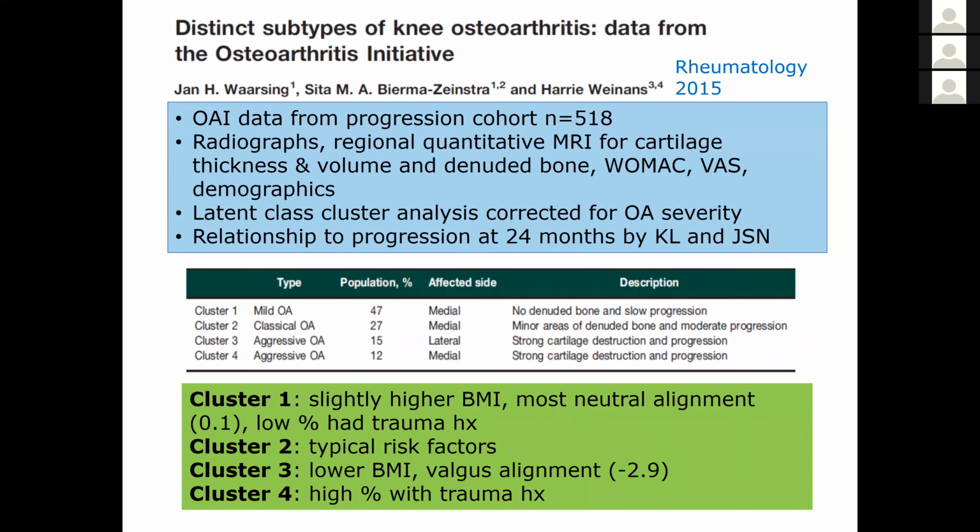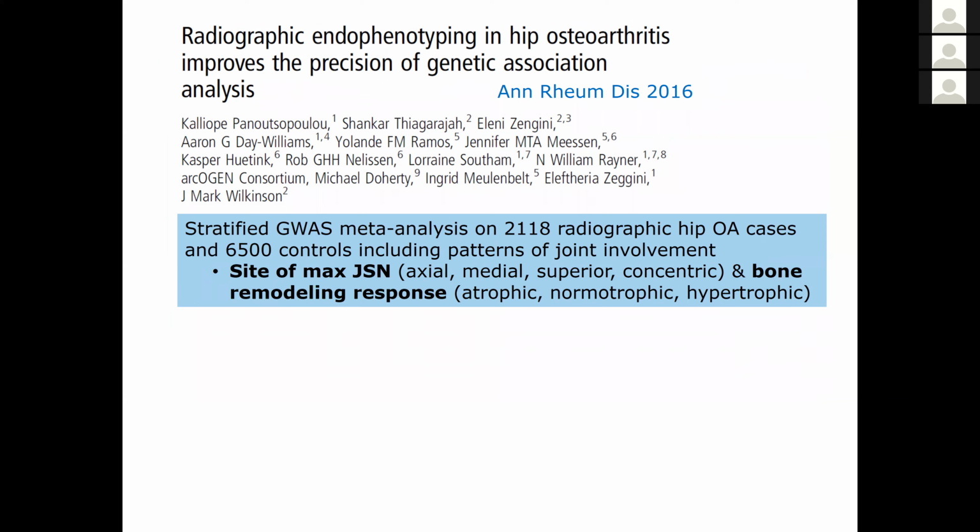Now, there has been some work in hip OA, and this particular study was phenotyping participants in a GWAS study. This was a genetic study of over 2,000 individuals and 6,500 controls.